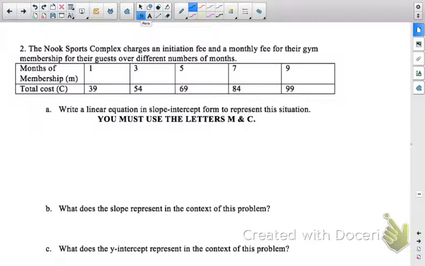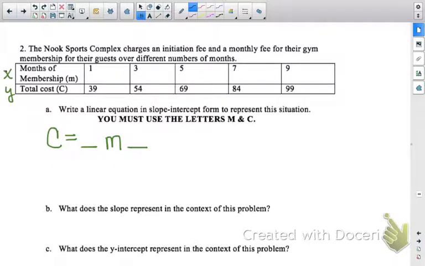The months would be like the x, and the y is like c. So I realize that my final answer is going to be c equals something times m, and what's a little confusing is m here is months, it's not slope, plus my y-intercept. So I need to figure out my slope and my y-intercept.